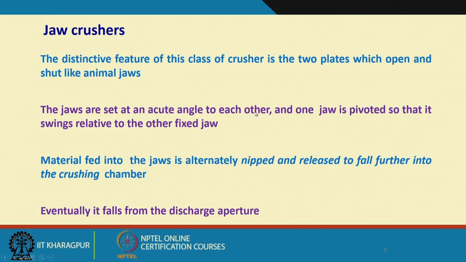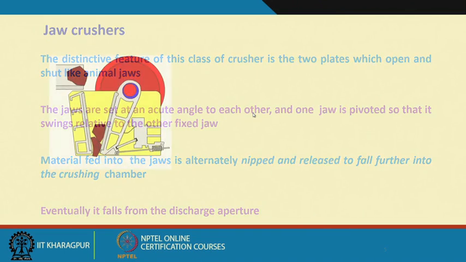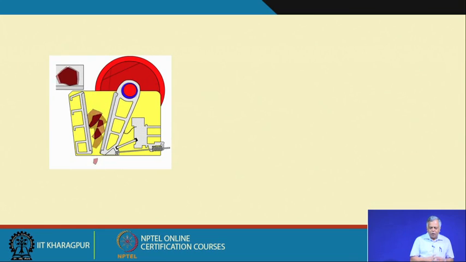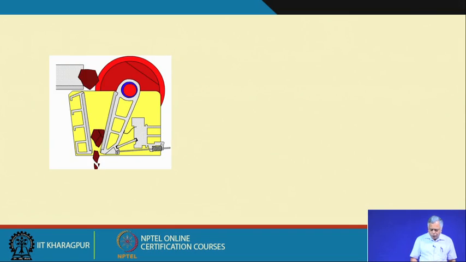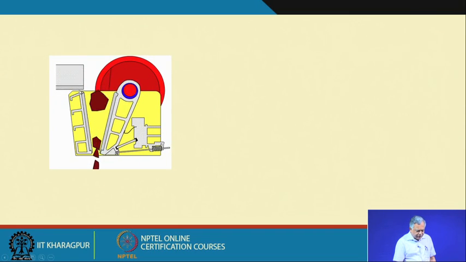So, the jaws are set at an acute angle to each other. Probably I will go to the next slide which will explain how it works. This is an animation of how a jaw crusher works. I got it from open source. Here you see that this is the fixed jaw and this is the moving jaw, and the particles are coming like this, and then they experience some kind of force between the fixed jaw and the moving jaw.